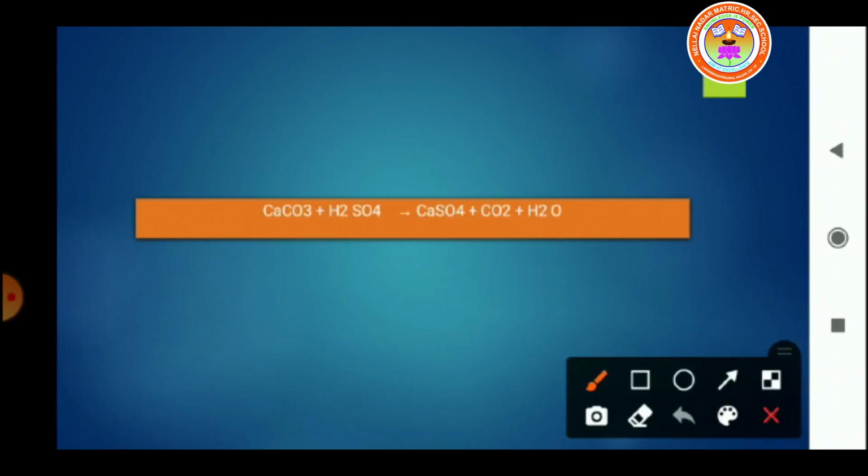Yes, what is the formula for calcium carbonate? That is CaCO3. Okay, this is calcium carbonate reacting with sulfuric acid. What is the formula for sulfuric acid? H2SO4. Shall I join together? What is the product here? Calcium sulfate, that is CaSO4, plus carbon dioxide plus water.